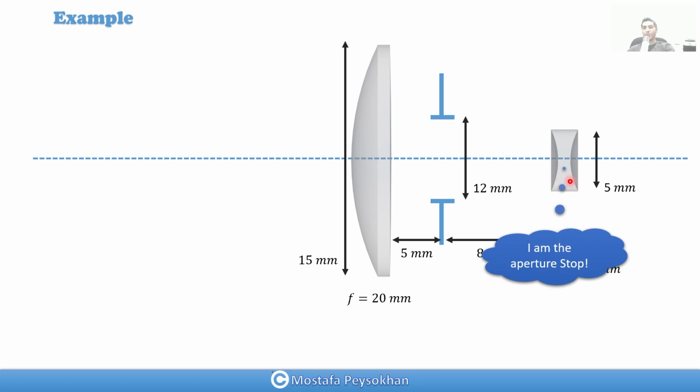So that's the aperture stop of our optical system. And in order to find the entrance pupil, the rest is easy. You image the stop into the object space, that we did before. That's your entrance pupil, and you image your stop through the image space to find your exit pupil.